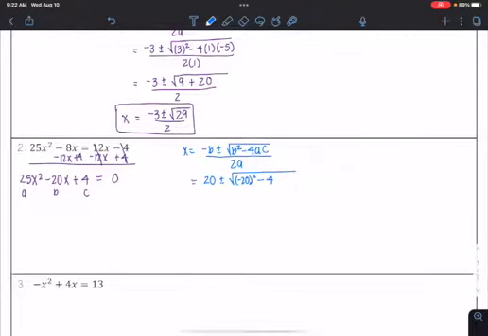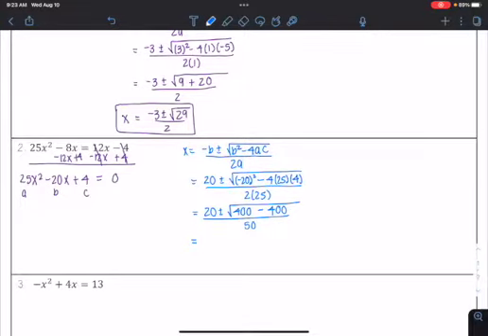Minus 4 times a, which is 25, times c, which is 4, all over 2 times a, which is 25. Negative 20 squared, I get 400. Minus 4 times 25 is 100, times 4 is also 400, all over 2 times 25, which is 50.